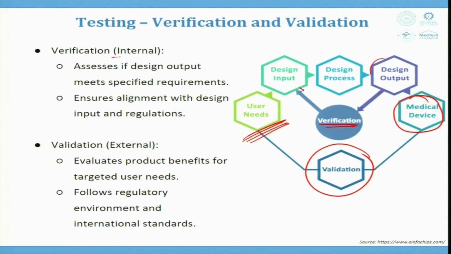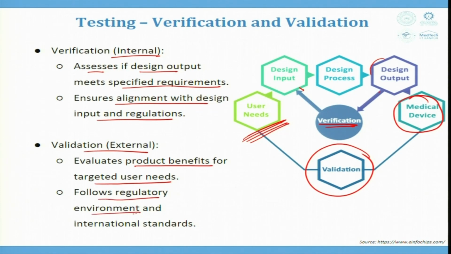So, verification is internal, validation is external. Verification is when it assesses if design output meets the specified requirements, or it ensures alignment with design input and regulation. However, validation is when it evaluates whether the product benefits the target user needs or not. It follows regulatory environment and international standards.